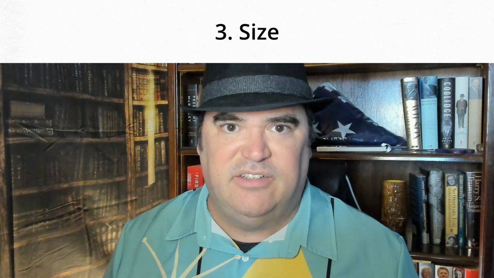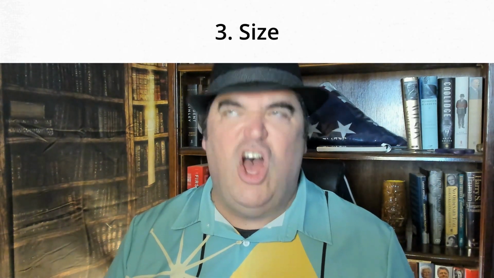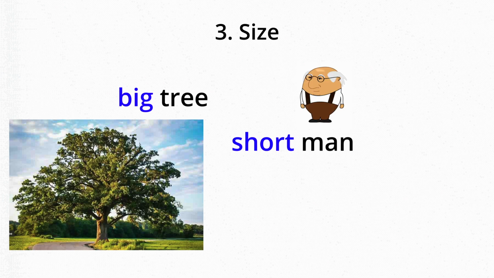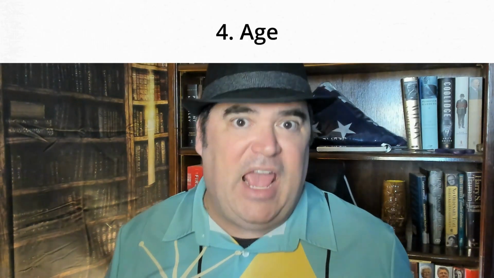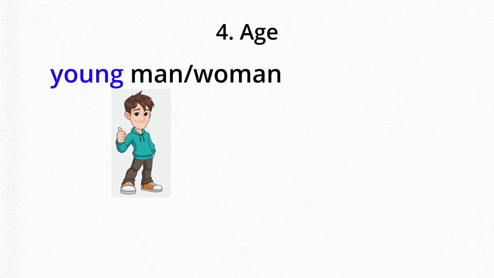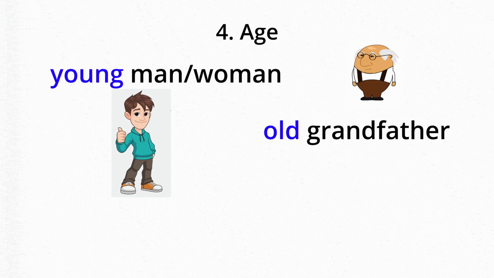Our next category is size. Size. A big tree, a short man, a long road. These all show size. After size, we get age. A young man or a young woman. My old grandfather.